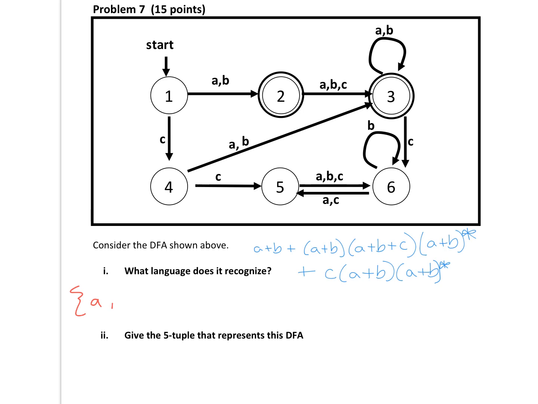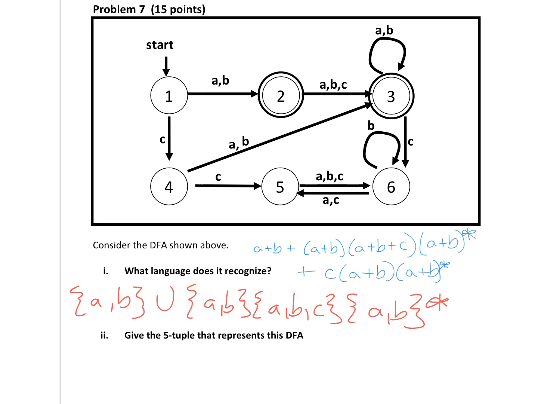We've got A and B unioned with AB concatenated with ABC concatenated with AB star, and that whole thing unioned with C concatenated with an A or a B concatenated with AB star. Right, so two perfectly reasonable answers.